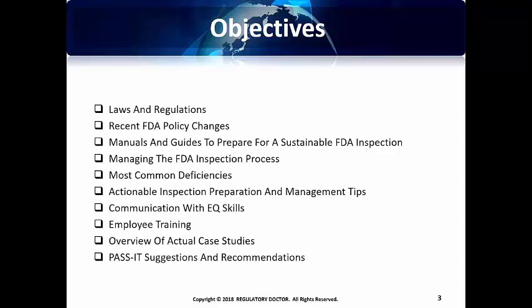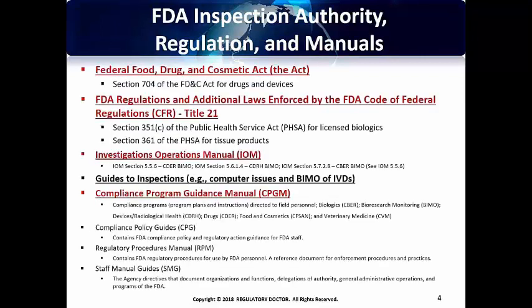The law that I'm referring to, and that you may already be very familiar with, is the Federal Food, Drug, and Cosmetic Act. We generally refer to it as FFDCA or simply FDCA or the Act. For today's presentation purposes, I will refer to it as FDCA.